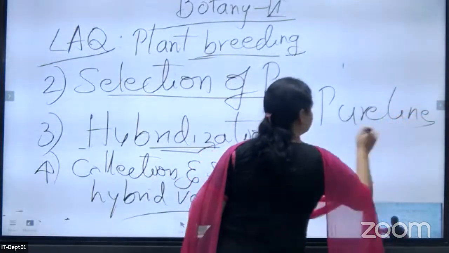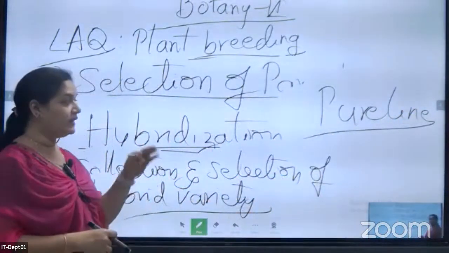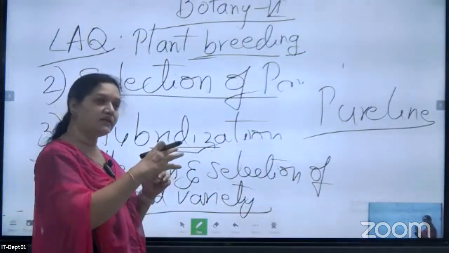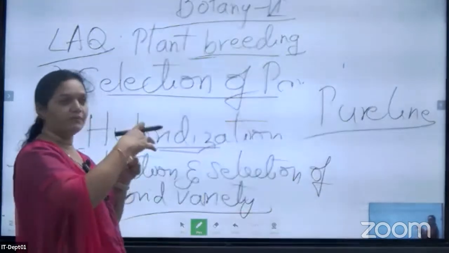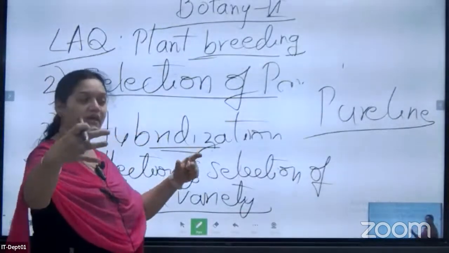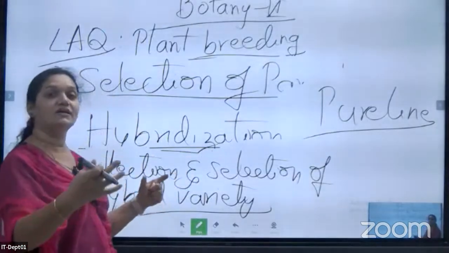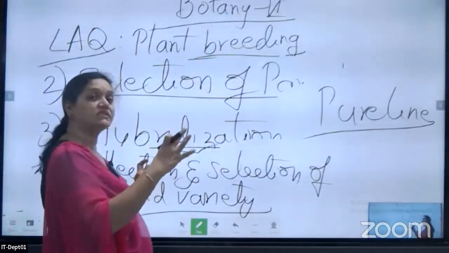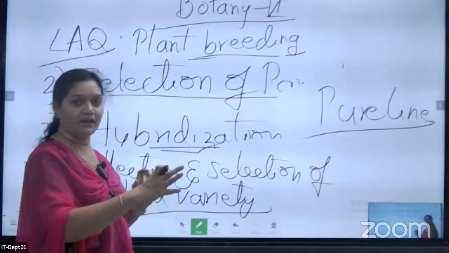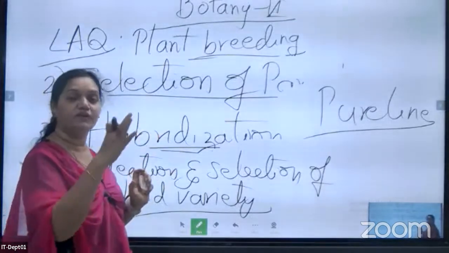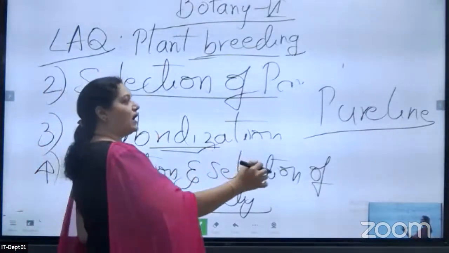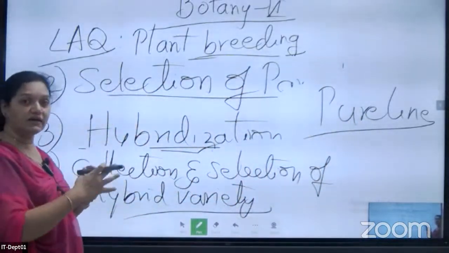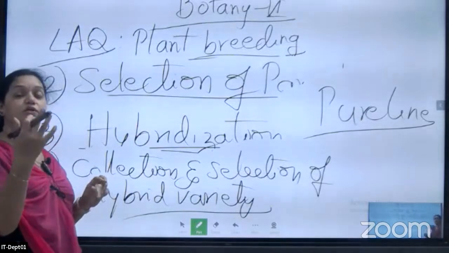Remember this word again, pure line selection. Again, we have to underline this word. What is meant by pure line? When we are collecting the plant seeds in a systematic order, line wise, number wise, that is called the pure line selection. Once we have collected the seeds from the suitable plants which are growing fast enough in the soil, those seeds should be collected and kept for further growth.